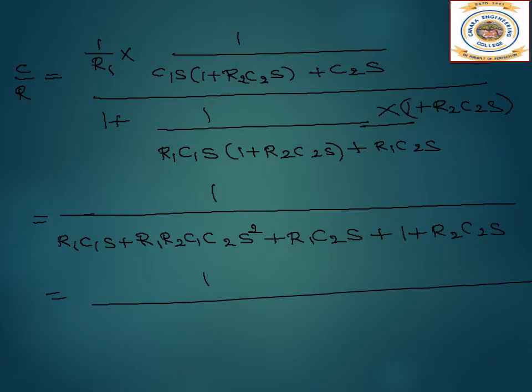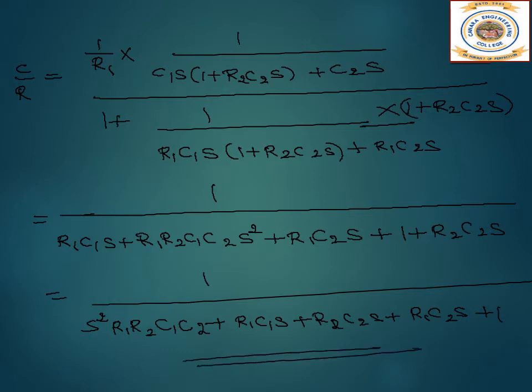So 1 divided by S square into R1 R2 C1 C2 plus R1 C1S plus R2 C2S plus R1 C2S plus 1. So this is the final answer.